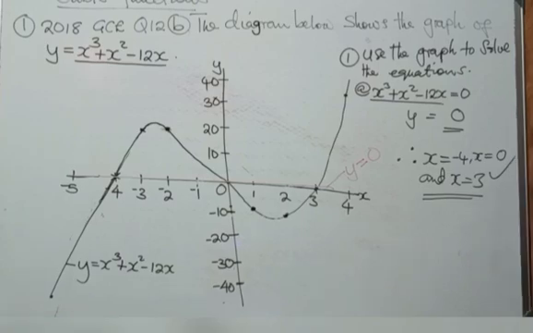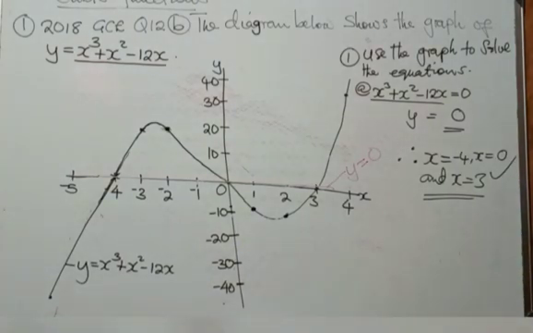So these are the values of x. The values of x are -4, 0, and +3. Those are the values of x. So meaning we have solved this one.